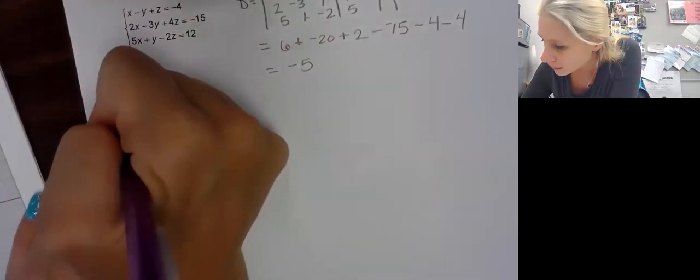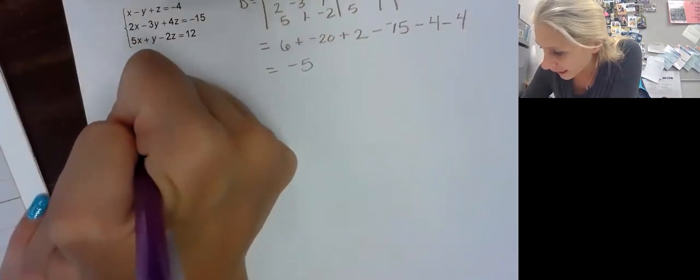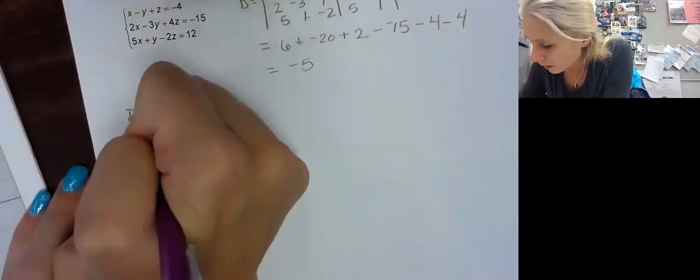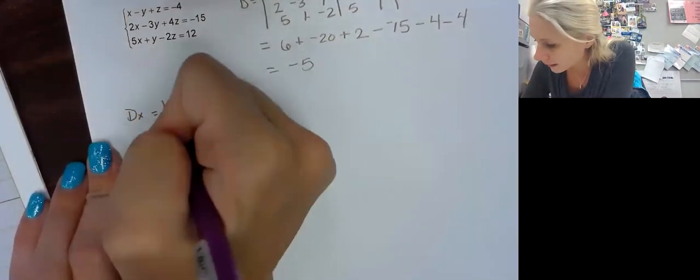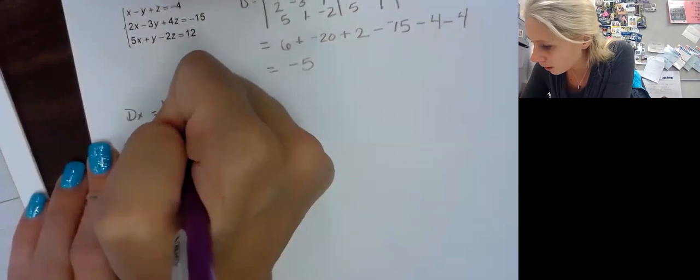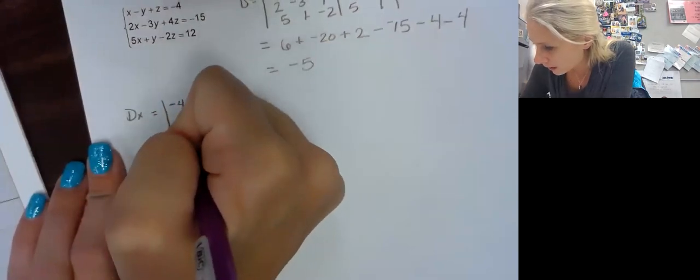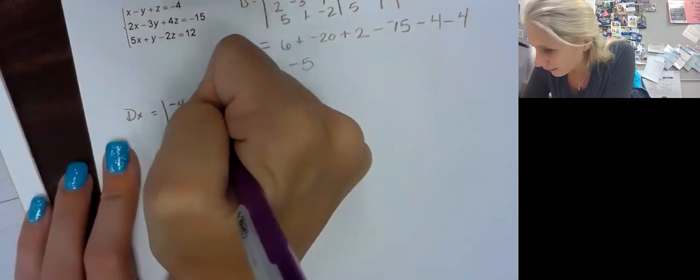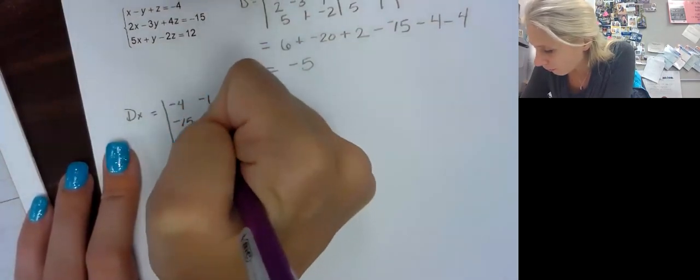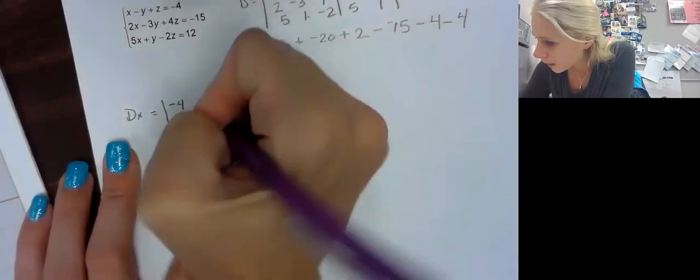So now let me do my dx. Remember, I'm replacing all my x values with the constant. So the constant is -4, -15, and 12. And I'm going to fill in my y's of -1, -3, 1.